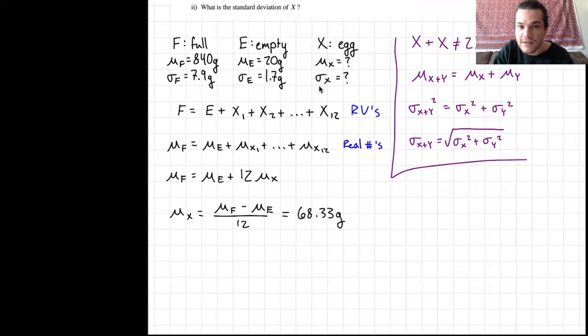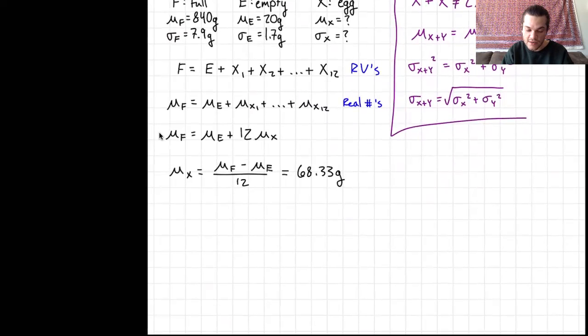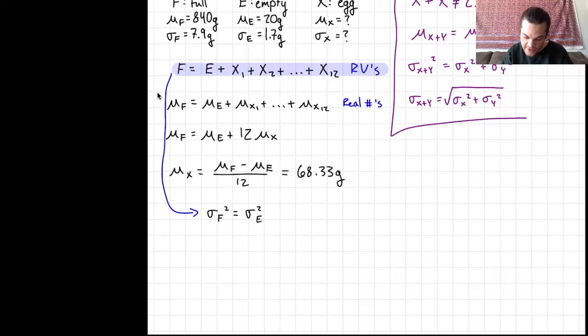The harder one is now the standard deviation. So going back from this line right here, this is in our important equation of random variables. Let's bring that down and think about what happens with the variances. So the variances add in a nice way. Standard deviations don't. So our variance here, sigma F squared, is going to be just the sum of all the variances, 12 copies of this egg.